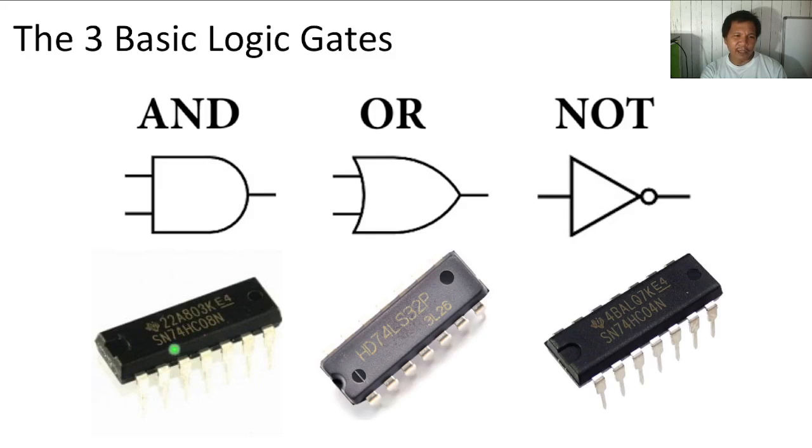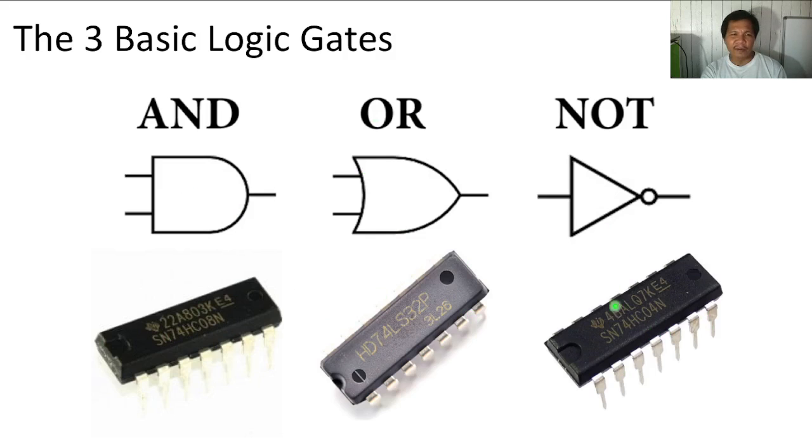Take note, we will learn what these symbols mean once we reach integrated circuits. That will be in the later part of our lesson. But for now, we will just study the part number, that is 7408. It means that is an AND gate. For 7432, it means that is an OR gate. So this is an OR gate, this is an AND gate, and this is a NOT gate.